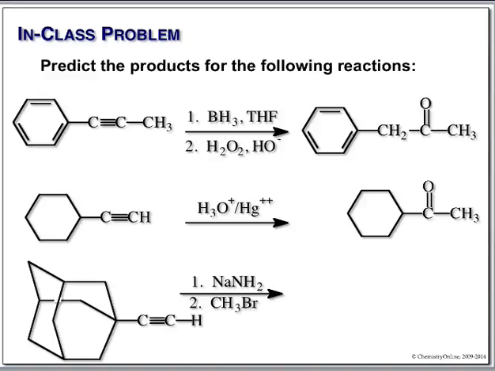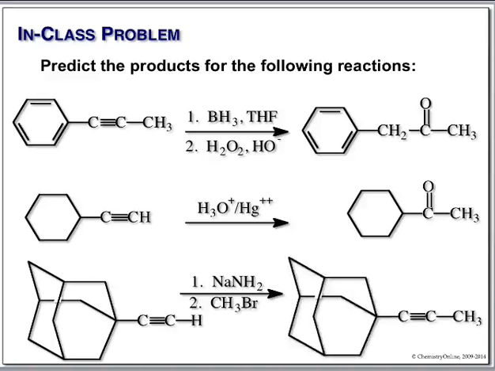All we're going to do is add the methyl group here to make this compound. What's that called? Well, we'll see in chapter 10 that this is called an SN2 reaction. It's just a simple substitution reaction.